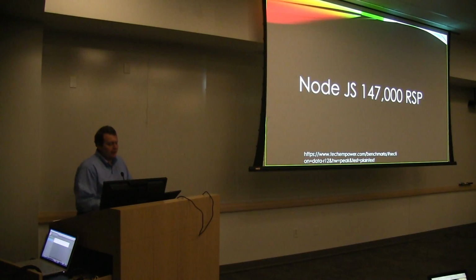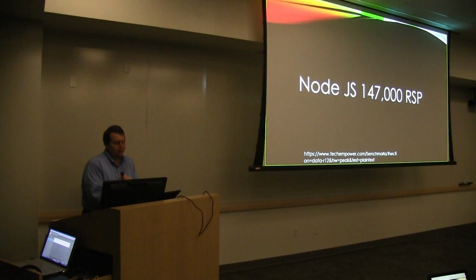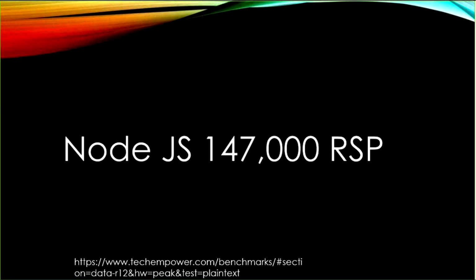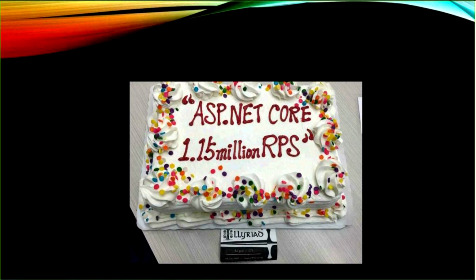Node.js, in just one of their benchmark tests, did 147 requests per second. When .NET Core RC1 came out, it came out with 1.5 million requests per second.